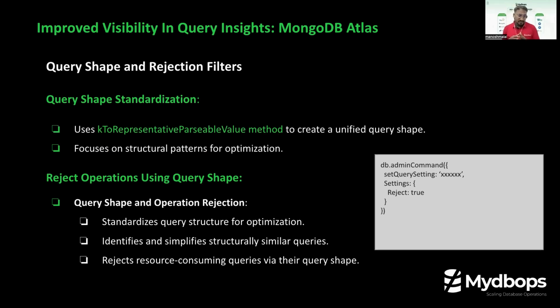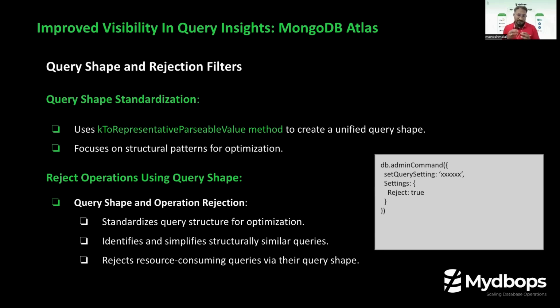When I referred to the documentation, I understood Mongo uses a parsable value method, which is a standard method to find a unified query shape for all types of query, aggregate, everything. When I go and check the code, I can understand that they allocated one bucket of folder which holds all the header and CPP files.